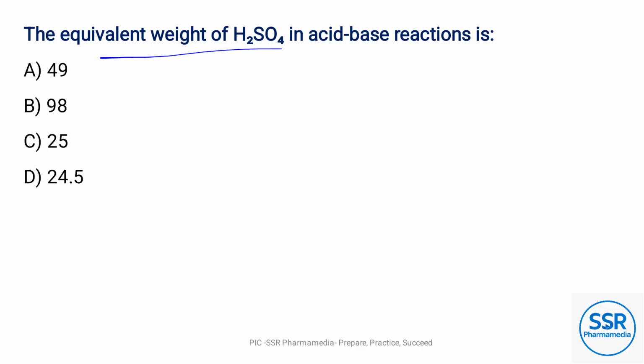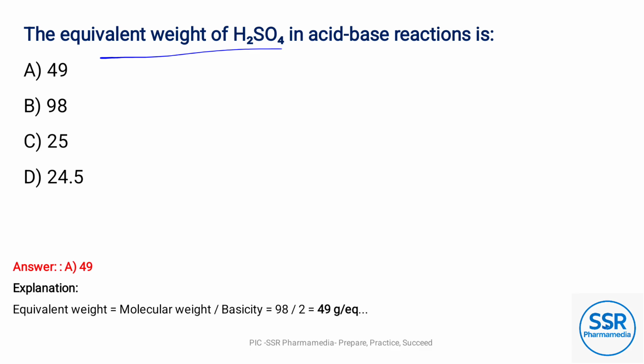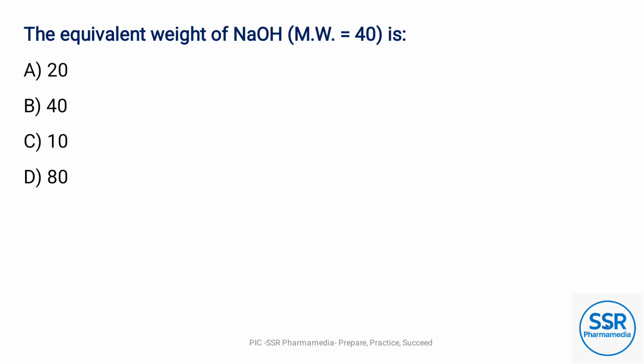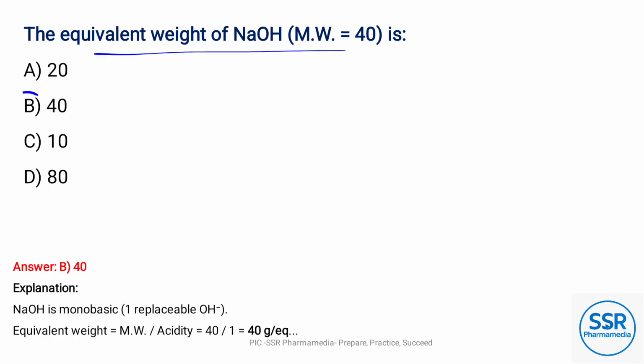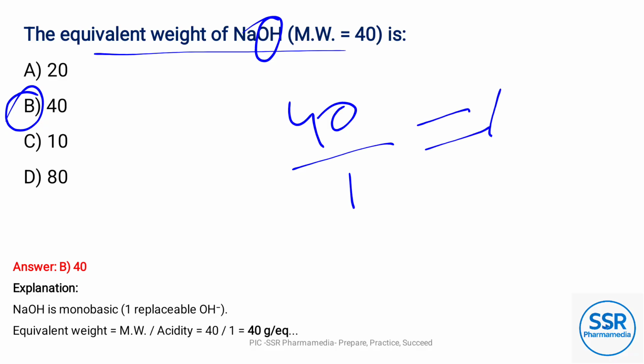The equivalent weight of H2SO4 in acid-base reaction is, so option A, 49. The equivalent weight of sodium hydroxide is 40, because in sodium hydroxide only one replaceable OH is there. So 40 divided by 1 is equal to 40.